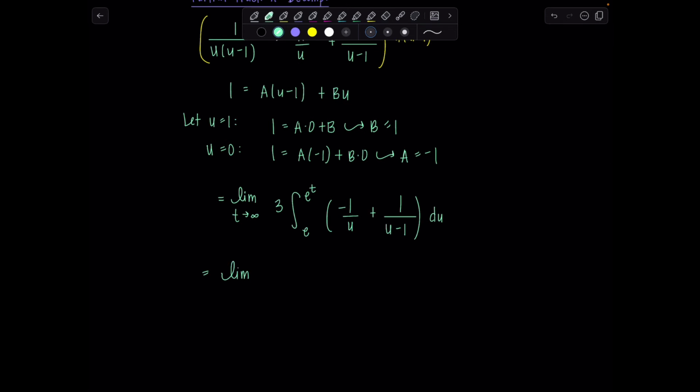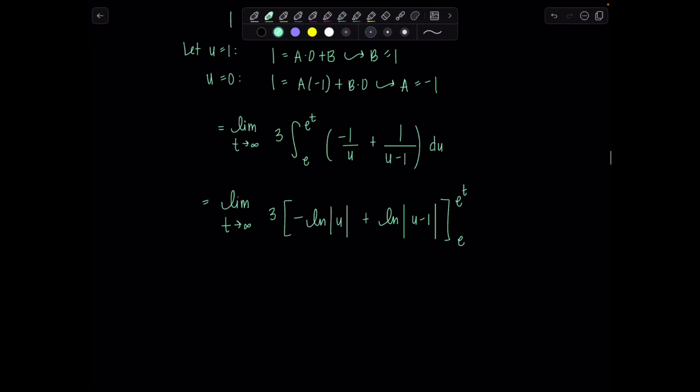For this antiderivative, each of the terms, limit as t goes to infinity, just keep the 3 here. The antiderivative of negative 1 over u is negative ln absolute value of u, plus, similarly, ln absolute value of u minus 1. This is evaluated from e to the t.